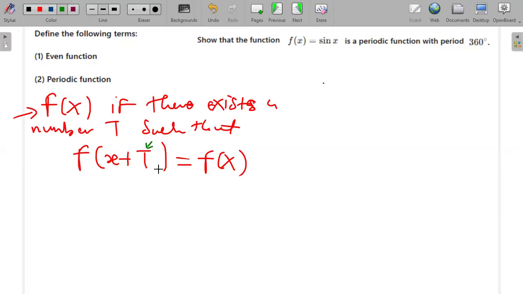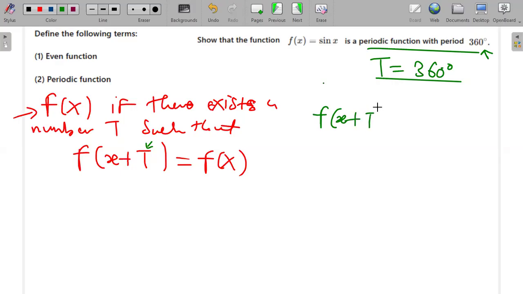Now to understand this better, let's look at this example here. They're saying show that f of x equals sine x is a periodic function with period 360. So here our t is 360 degrees. To show that this is a periodic function, I just have to show that f of x plus the period t is equal to f of x.